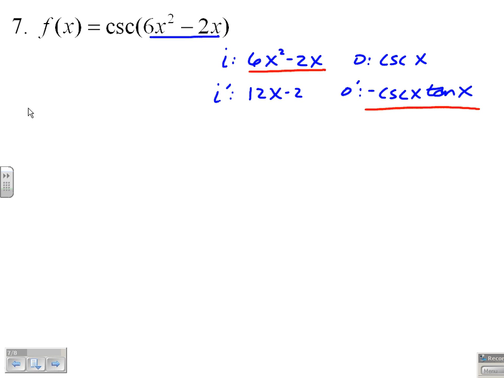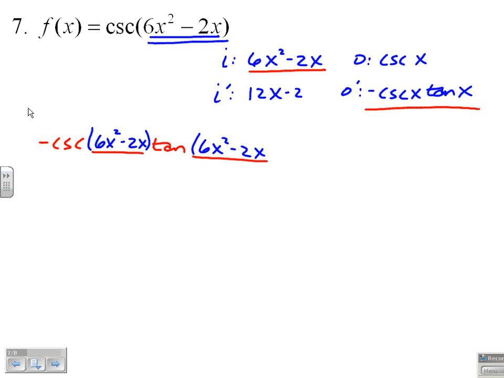The outside derivative is the factory that takes things and puts them here and there. But I'm not putting x there because I'm not finding cosecant of x. I'm finding cosecant of that guy. That's the inside function. So I want the outside derivative of the inside function, 6x squared minus 2x, and 6x squared minus 2x.